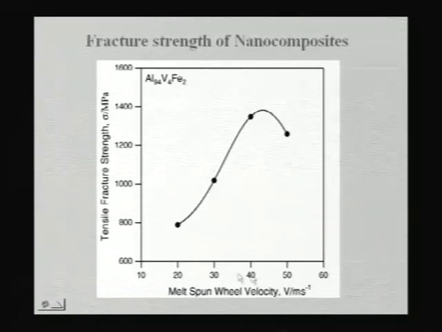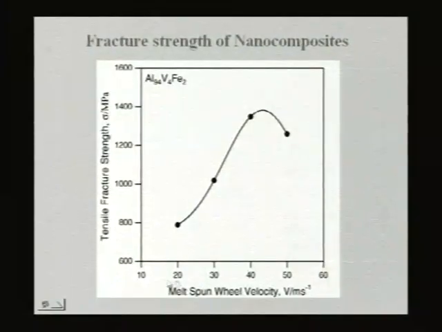If you go to higher and higher velocity, you get a lower grain size, because of which the strength goes up, and if you go to much higher speed, then you get amorphous phase, and once you get amorphous phase, again the strength goes down a little bit. So as long as you have a combination of fine aluminum grains and nano quasicrystalline phase, you get a much higher strength, and that can be shown from the microstructures we have seen before.